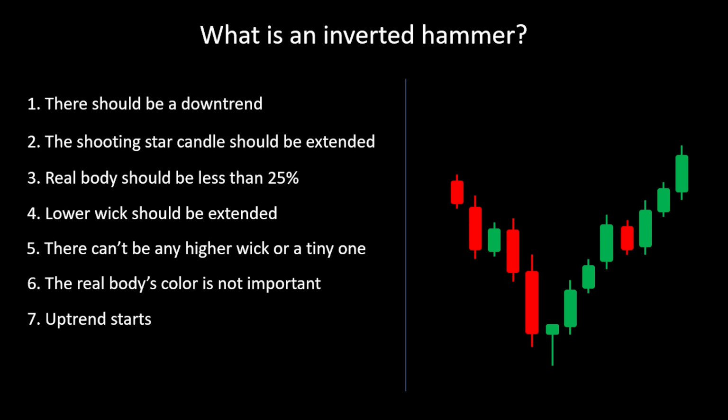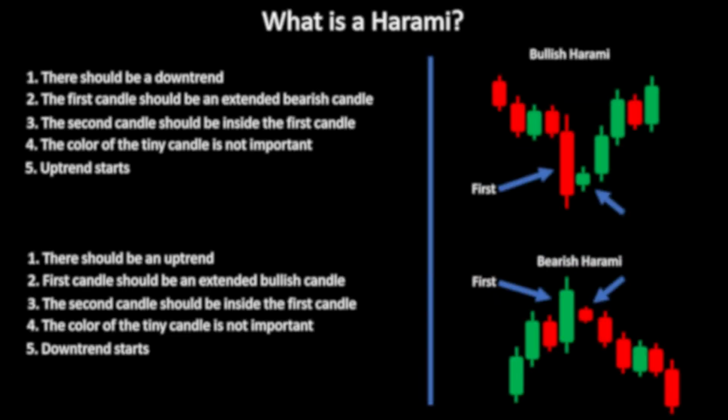And the upper wick should be extended too. There can't be any lower wick, or there should be just a tiny one, like 4 or 5 points. The real body's color is not important. After all of these conditions, an uptrend starts.